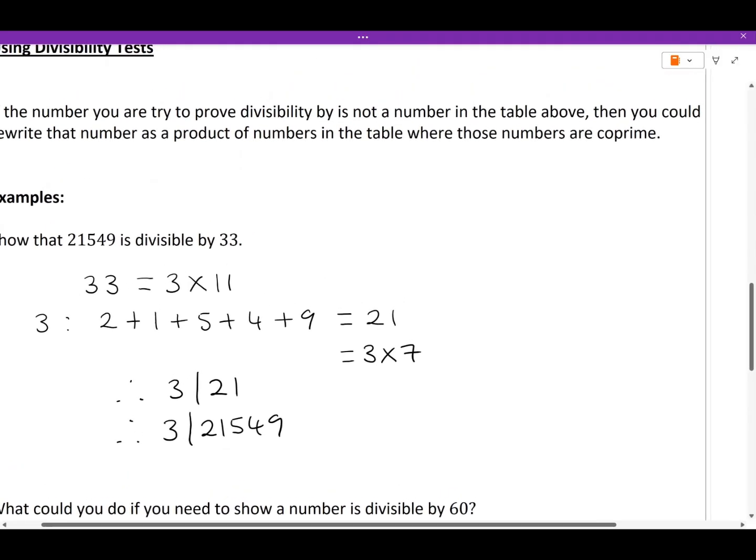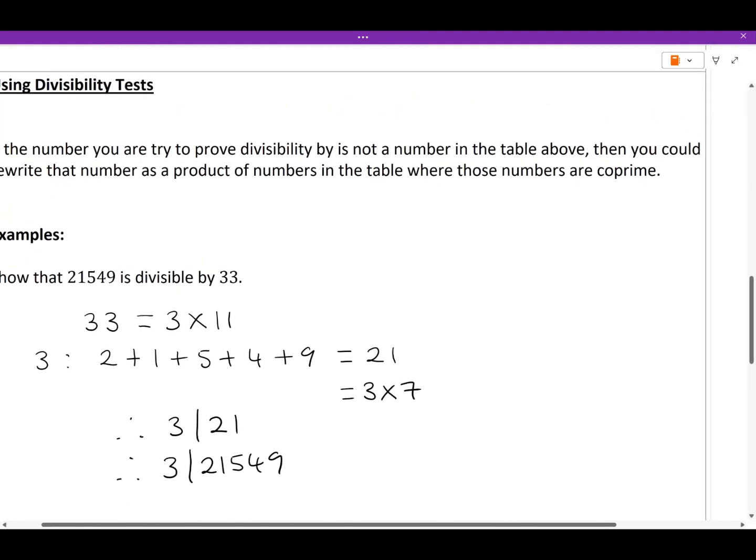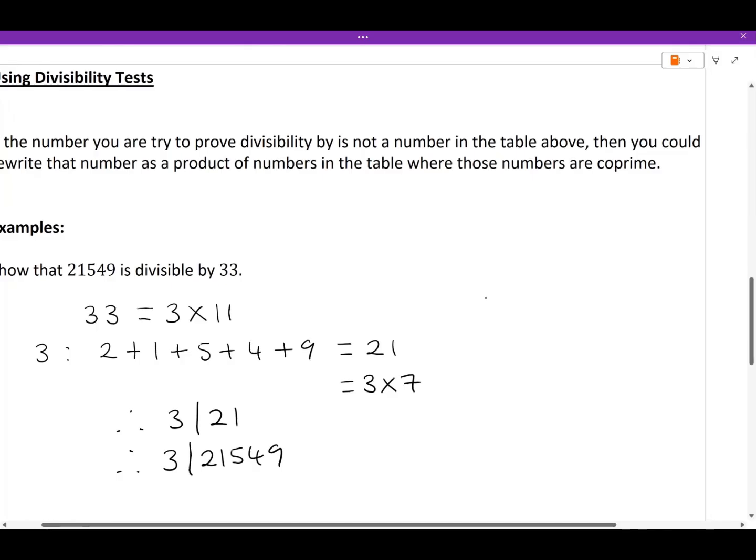Then we're now going to do 11. For this one, remember, we start with positive 2. Then we subtract the next digit, which is the 1. Then we add the 5. Then we subtract the next digit, which is 4. And then we add the 9.